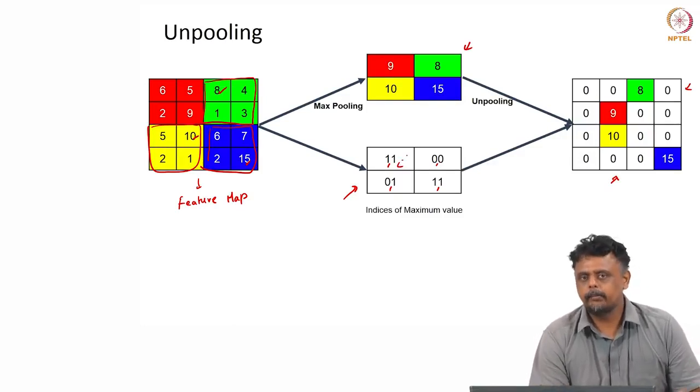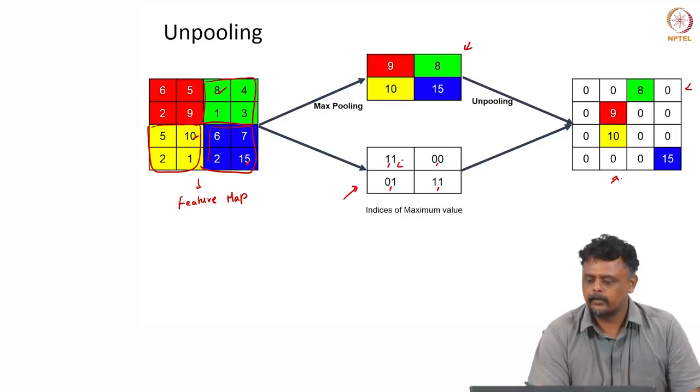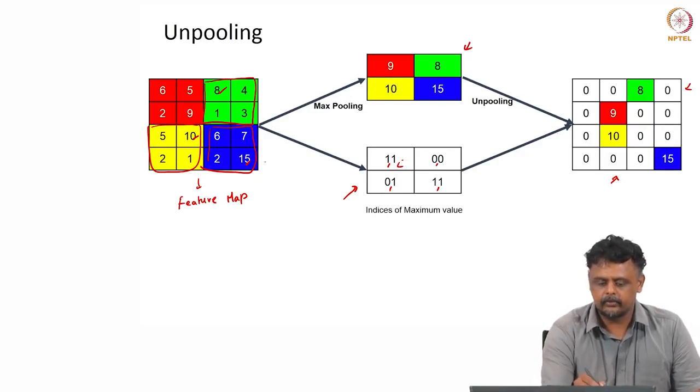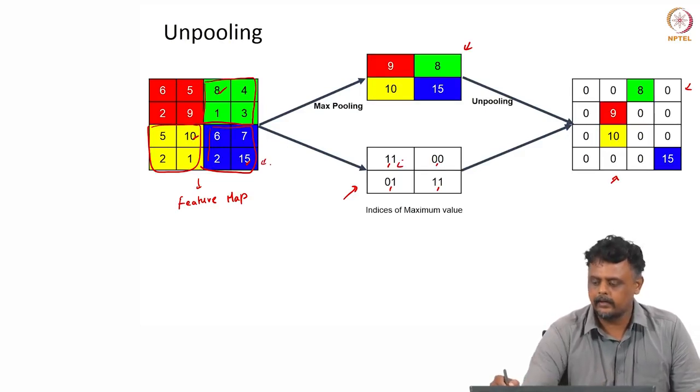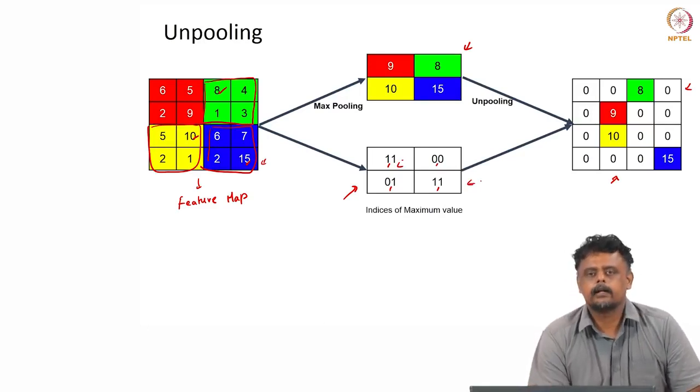Okay. So by keeping track of the max pooling indices, you should be able to construct this matrix by assigning the values. Here, just for the sake of illustration, I have just taken the values from a 4x4 and assigned it to another 4x4, but we have to keep track of the indices here.